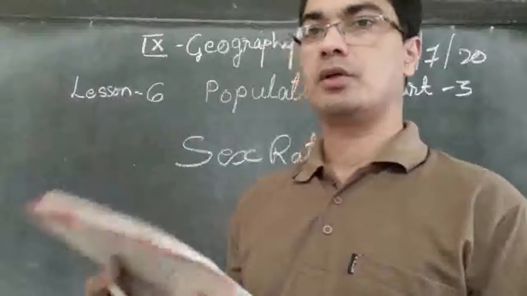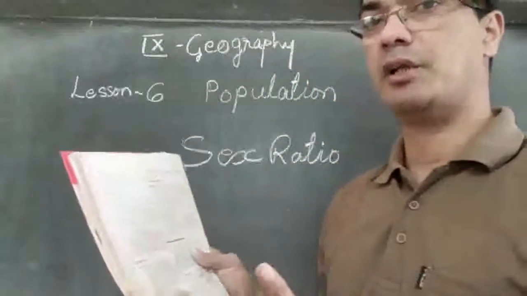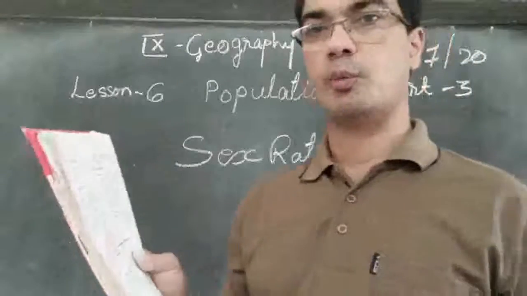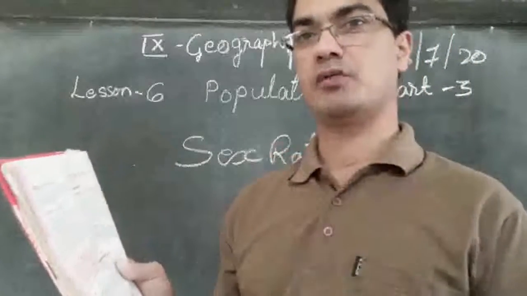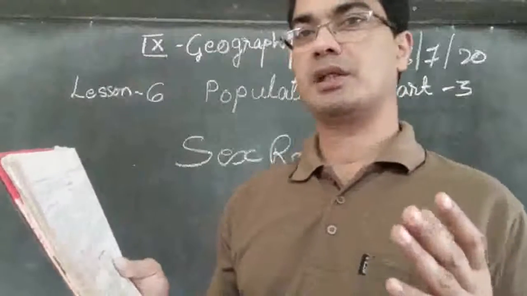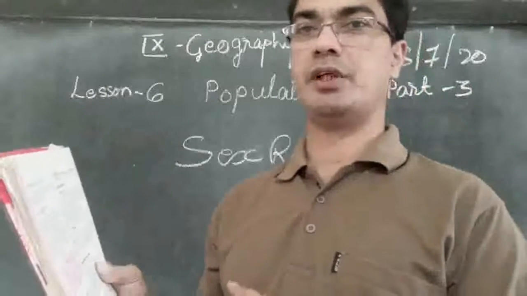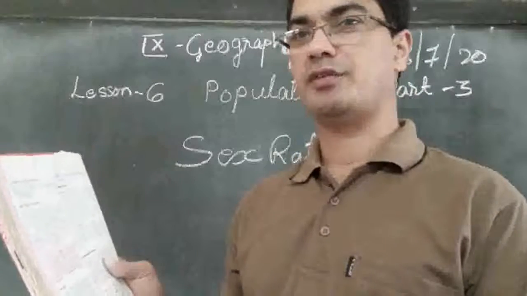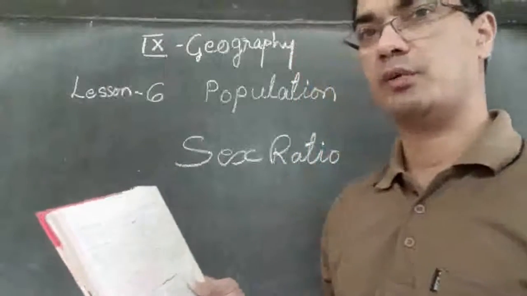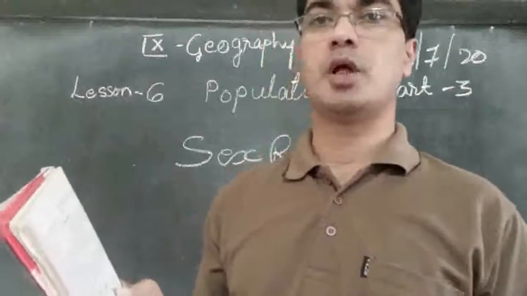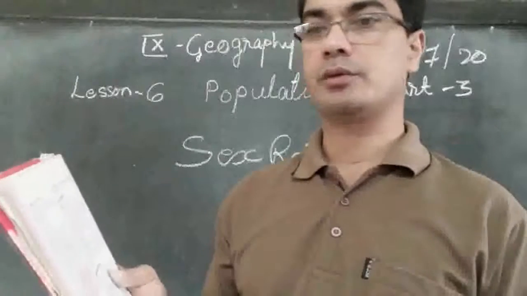So we see for the last 50 years after independence, the number of females never reached equal to males. It is always below. When 1000 males are there, the females are not even reaching 950. It is always below 950. So that shows, that is why we said the sex ratio was always in favor of males and unfavorable to females.